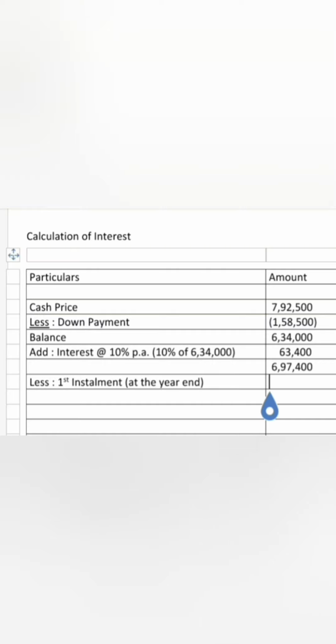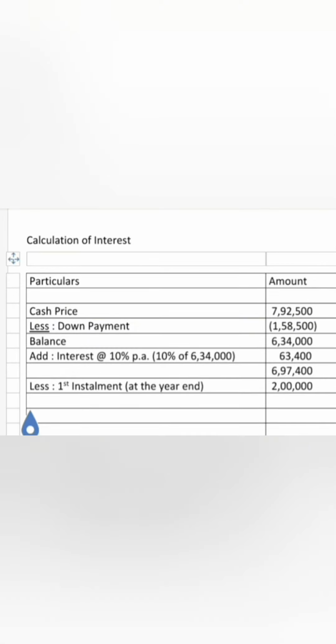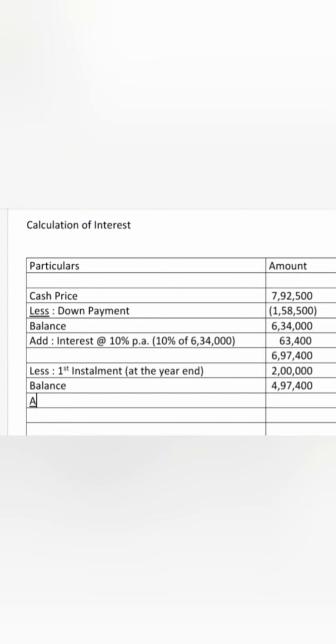One of the most important things: installments are paid at the end of the year, which was already given in the question. So installment amount 2 lakhs, which is to be subtracted. So by subtracting we will get 497,400, that is the balance amount. Again, this is the balance after payment of first installment.